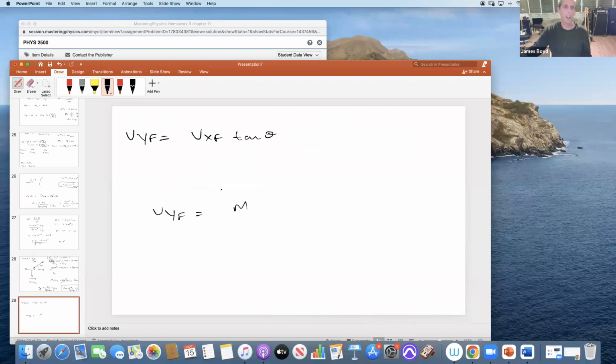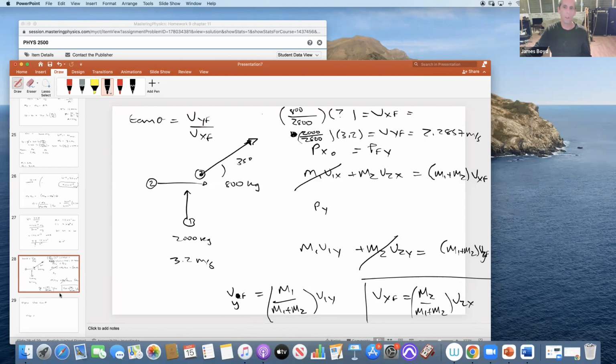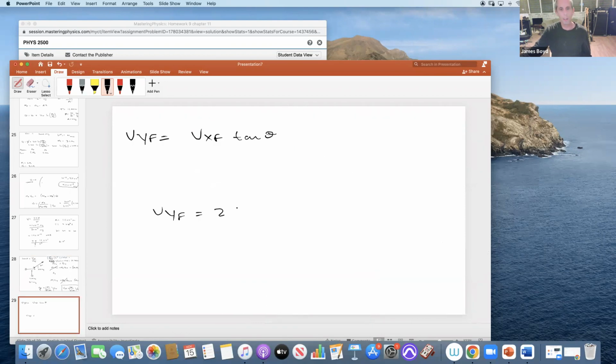So Vy final is 2.2857 meters per second. Vx final is Vy final divided by tan theta.